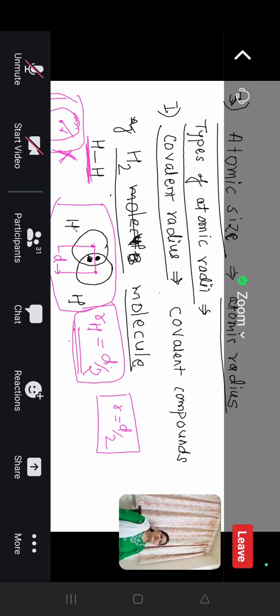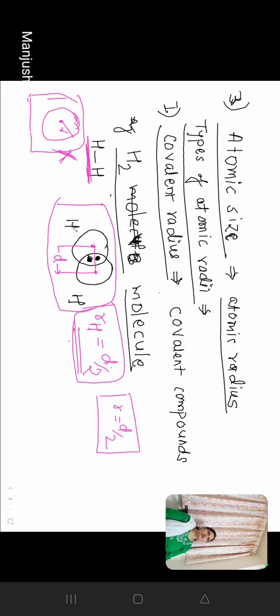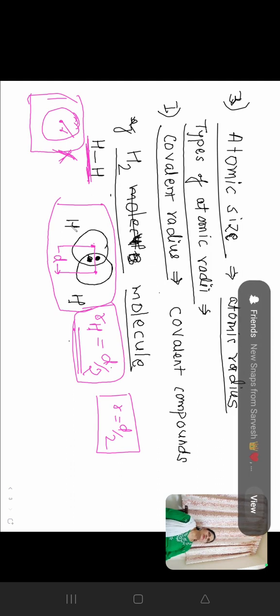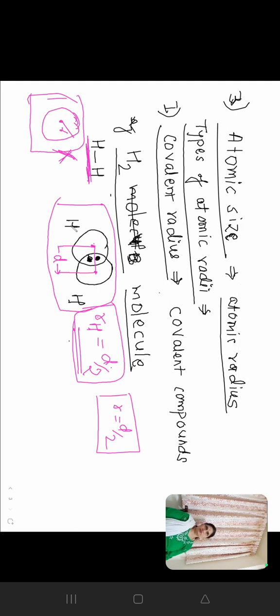Covalent radius is measured in covalent compounds.